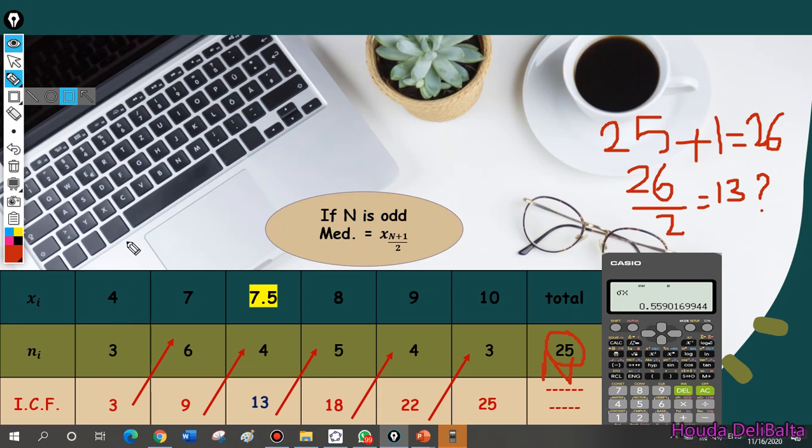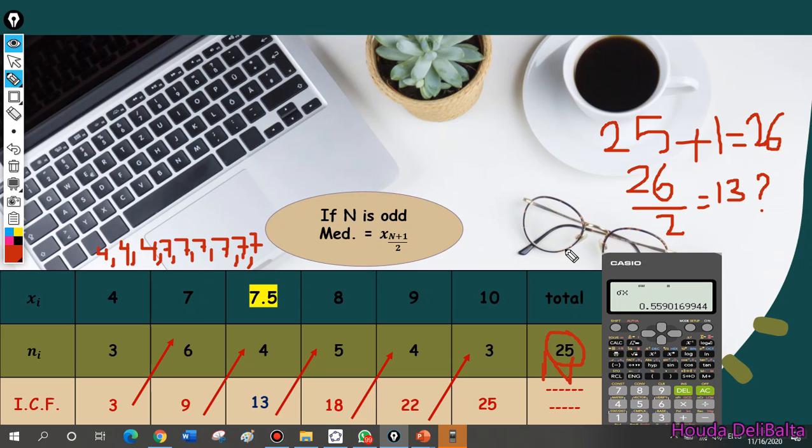Here, as if I'm having 3 values that are equal to 4, so as if they are arranged like this. Then I have 6 values that are 7. If I write them as listed data, I have 3 values that are equal to 4 and 6 values that are equal to 7.